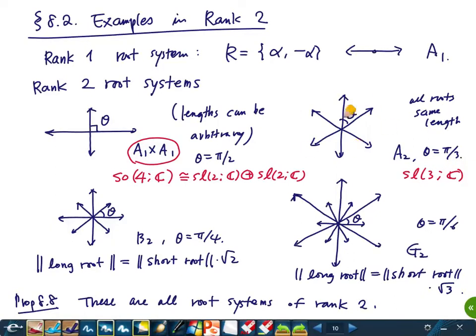Now we've seen something like this, right? And this corresponds to SO5. And this corresponds to something that we haven't seen, so it's called an exceptional Lie algebra. So we've seen these classical Lie algebras like type A, B, C, D. These four types are called classical, but other than these are called exceptional root systems.